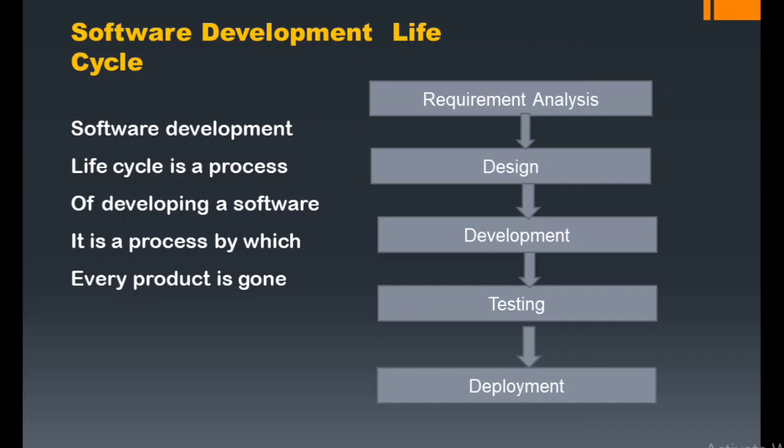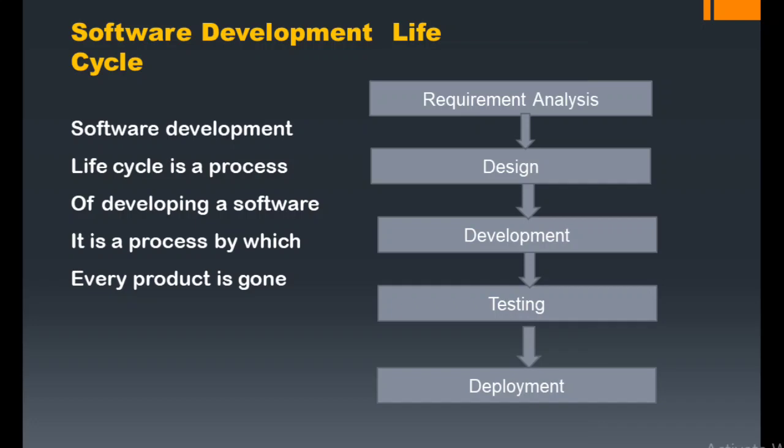During this time period the software goes through a cycle known as the software development life cycle. In simple terms, the software development life cycle is a process of developing software. There are 5 steps through which our software under development grows.